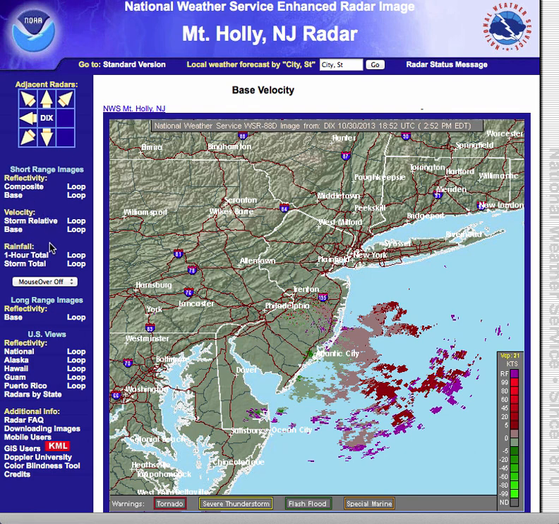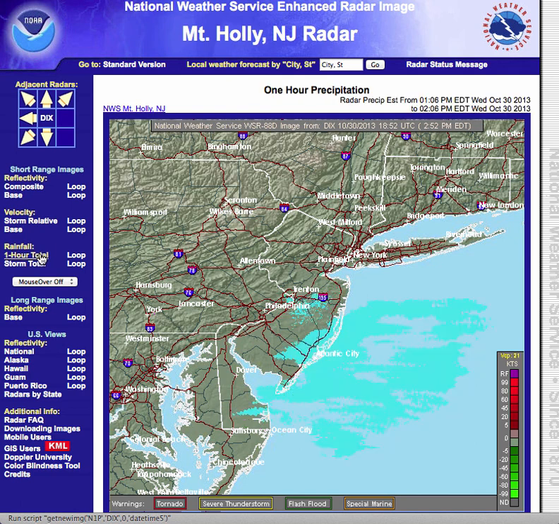Now, rainfall is pretty easy to understand. It's 1 hour total. This is the amount of precipitation via Doppler estimates of the precipitation that fell in 1 hour. So in this case, it's about a trace. Okay, this is somewhat useful, but I wouldn't go about it as 100% accurate.